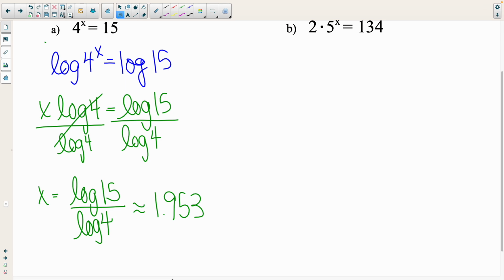What should I do first before I can do anything? Good, divide that 2 out of there.